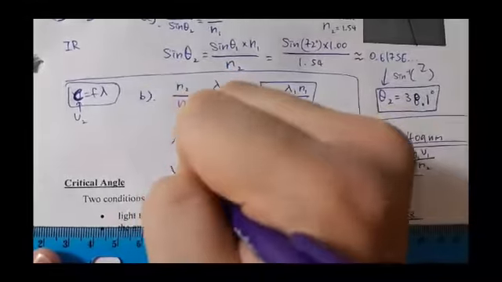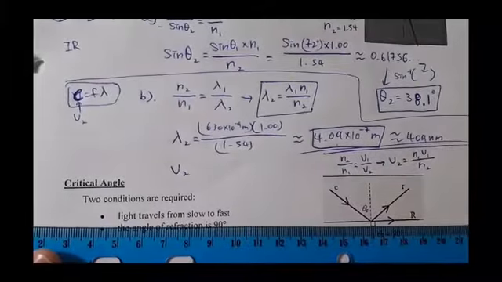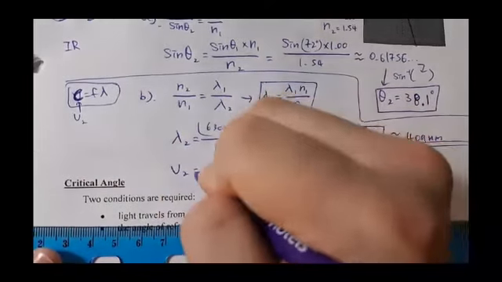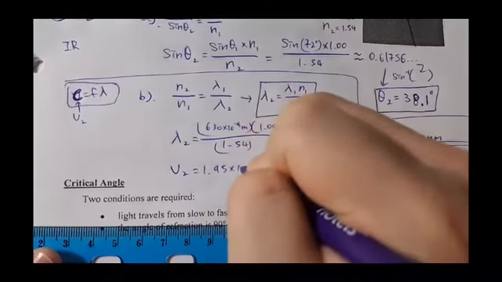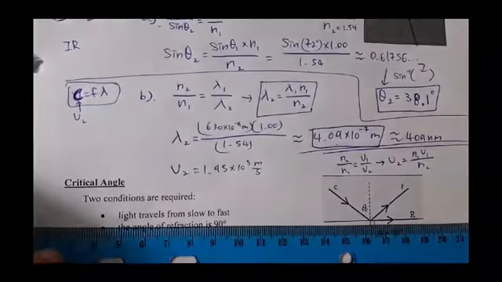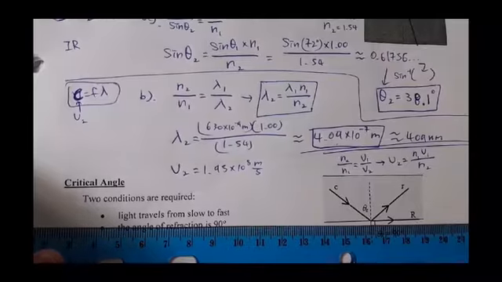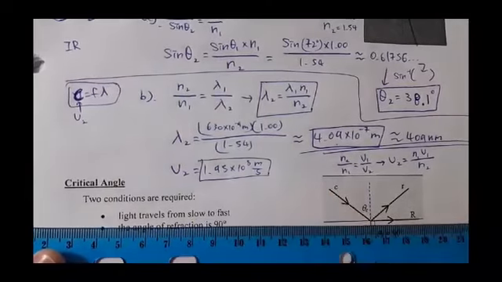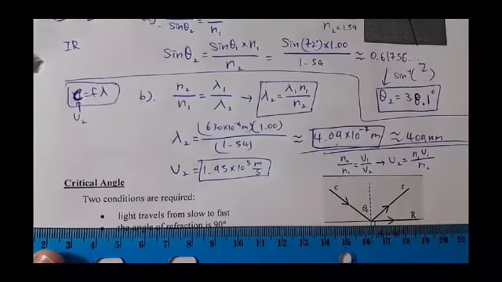If I just punch the numbers in, that's 1 times 3.00 times 10 to the power of 8 divided by 1.54, you have about 1.95 times 10 to the power of 8 meters per second. And please don't try to round any of the numbers when you punch them in, ladies and gentlemen.